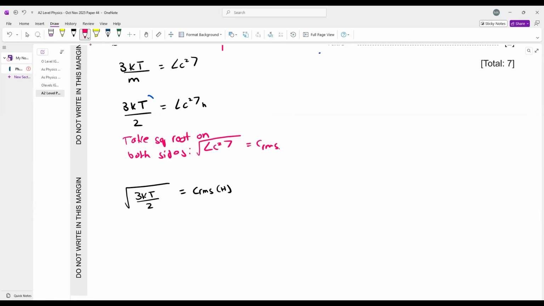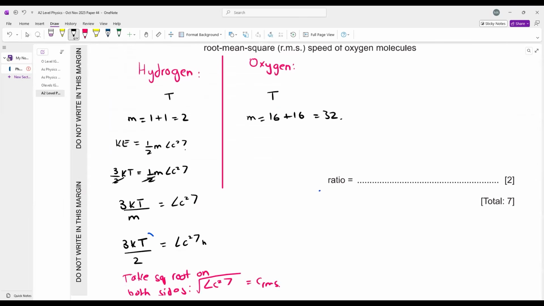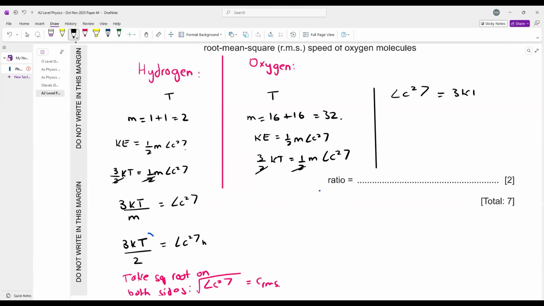Okay, do the same thing with oxygen. Kinetic energy is half m c square. Perfect. 3/2 kT is equal to half m c square. Now you can speed up the process, since you have done this already. You can say c square is equal to 3kT/m.